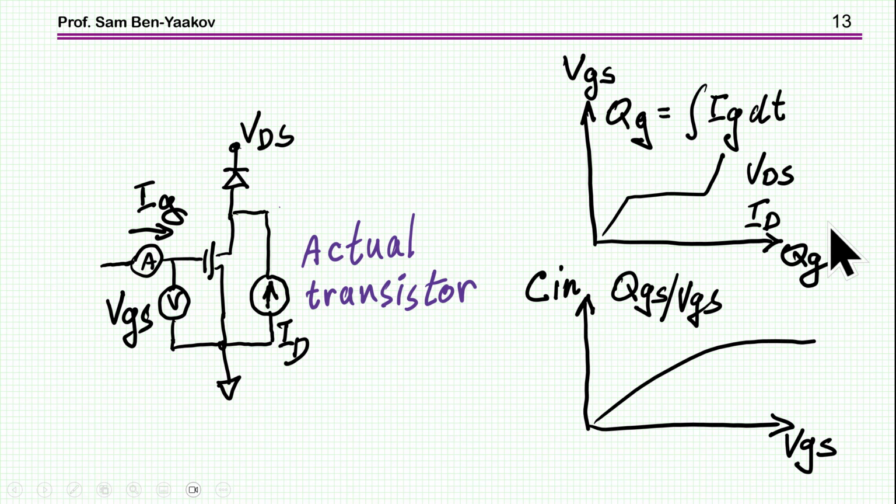For example, you can get this plot here, the gate charge and the voltage of the gate. By dividing the charge by the voltage, you can get the input capacitance for any given VGS and also for any given operating point, not just one particular point.